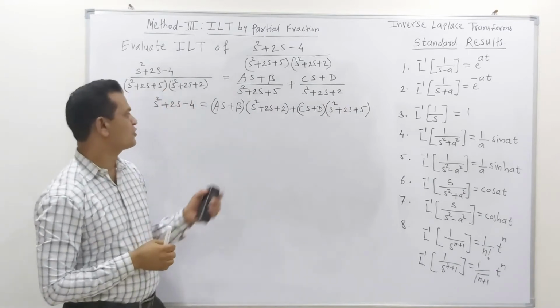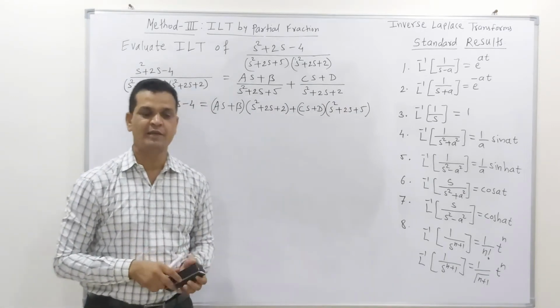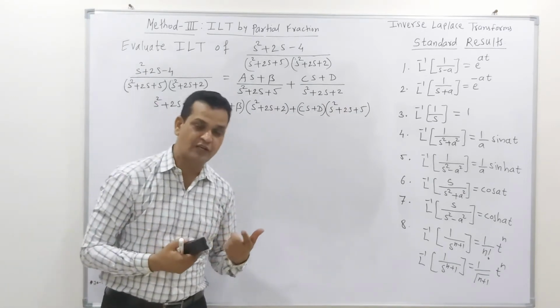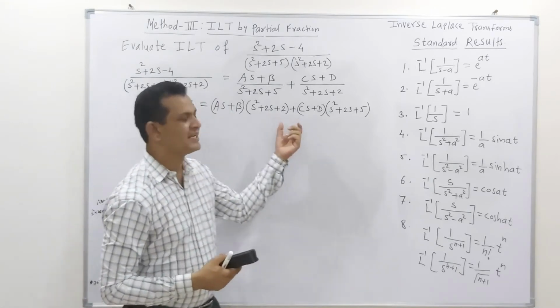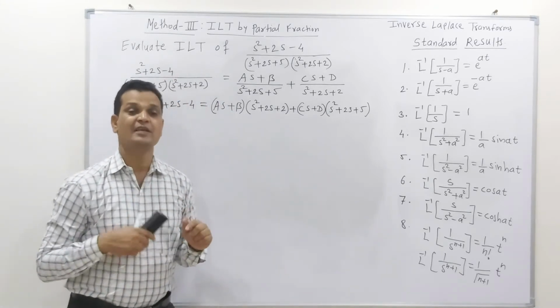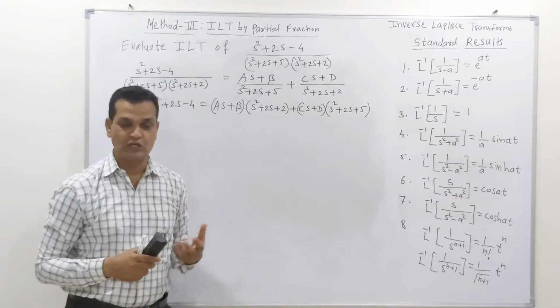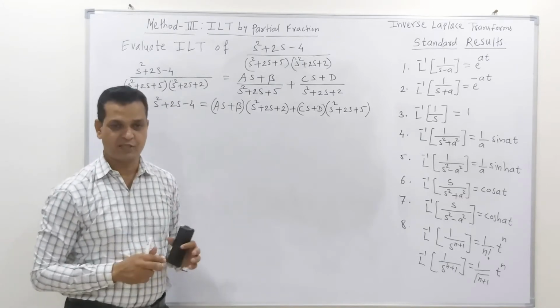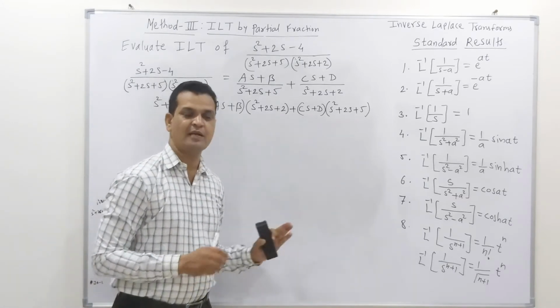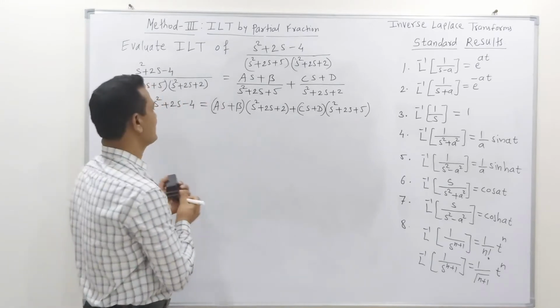Here our aim is to find the values of constants a, b, c, d, but it is not possible here by putting particular values for the parameter s. So in this case, expand the right hand side of this equation.